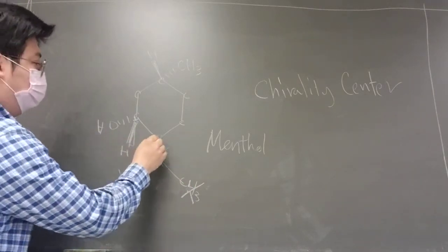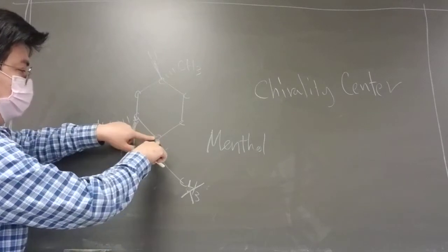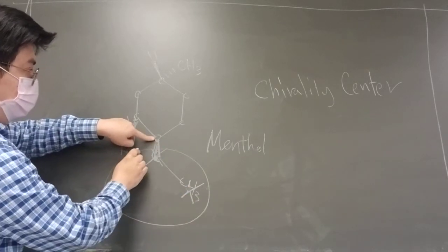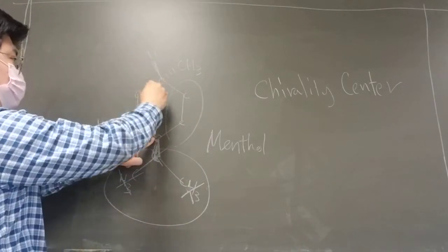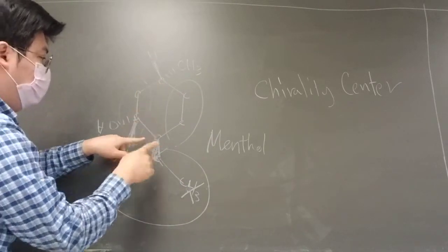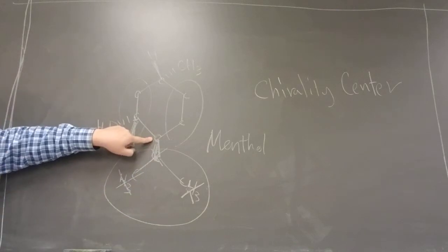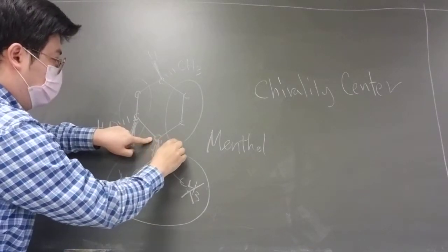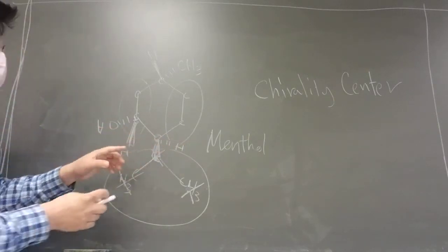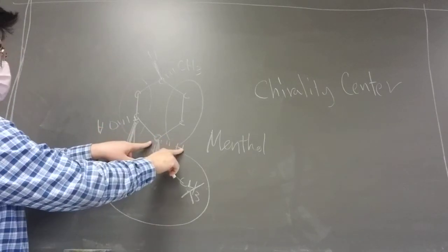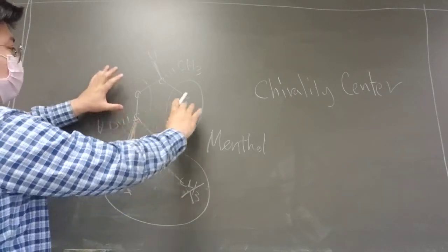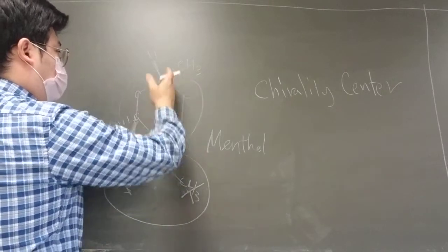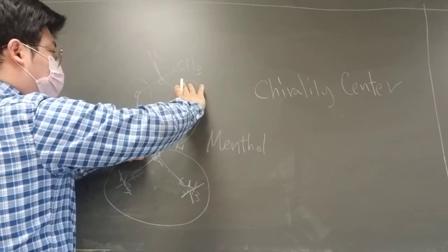This one, this carbon has this group, and this group, and also this group right here. And then what you don't see is the hidden hydrogen. So it's going right here. So think about it: there's a hydrogen, one group here, another group here, and the other half of this ring structure.